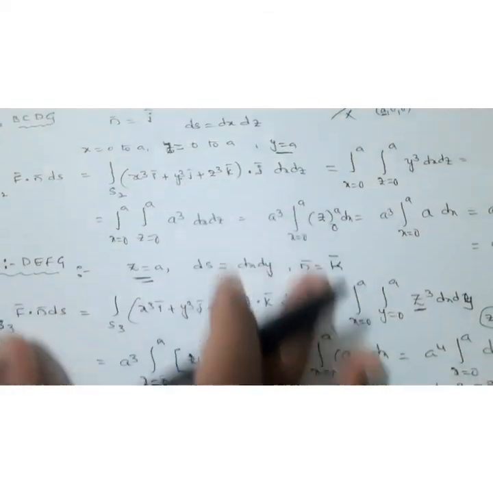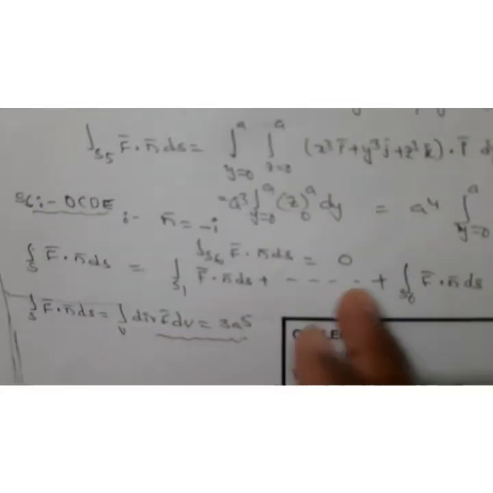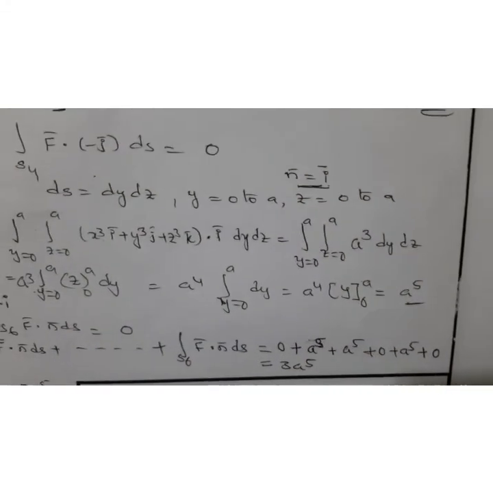After finding all 6 surfaces, add them: the integral over S of f bar dot n bar into ds equal to the integral over S1 of f bar dot n bar into ds up to and so on S6. Adding those 6 surfaces, we will get 3a power 5.